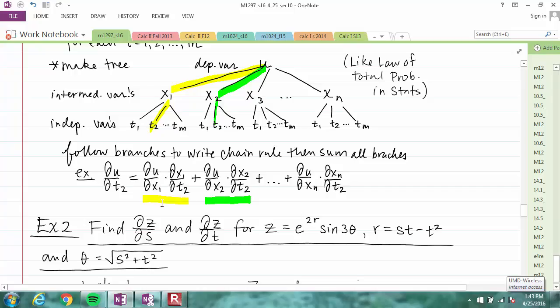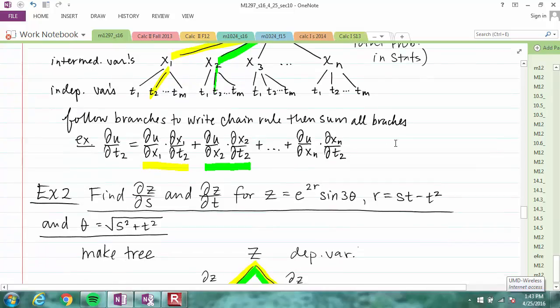So that's the yellow, plus the green path. Similar type of thing going on there. And then you do that for as many paths as you have to t sub 2. So I think that's a much better way than somehow trying to make sense out of the general chain rule.